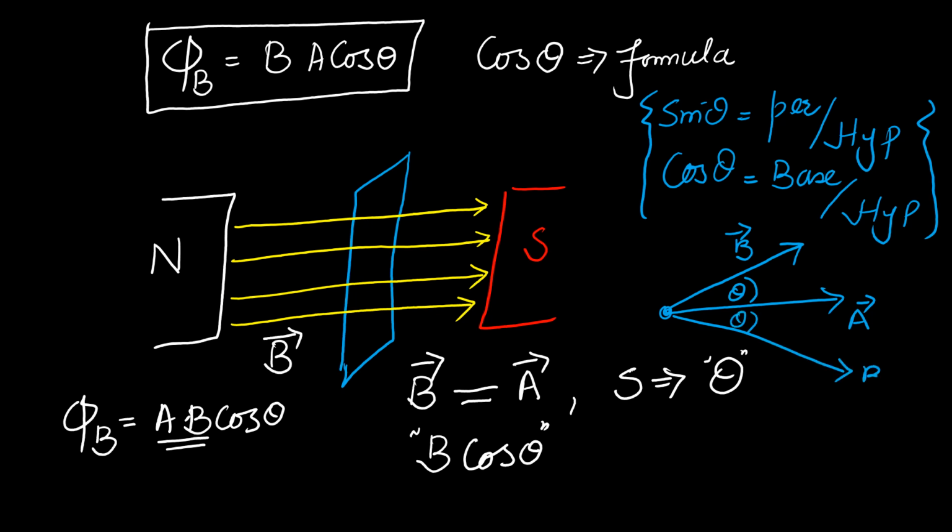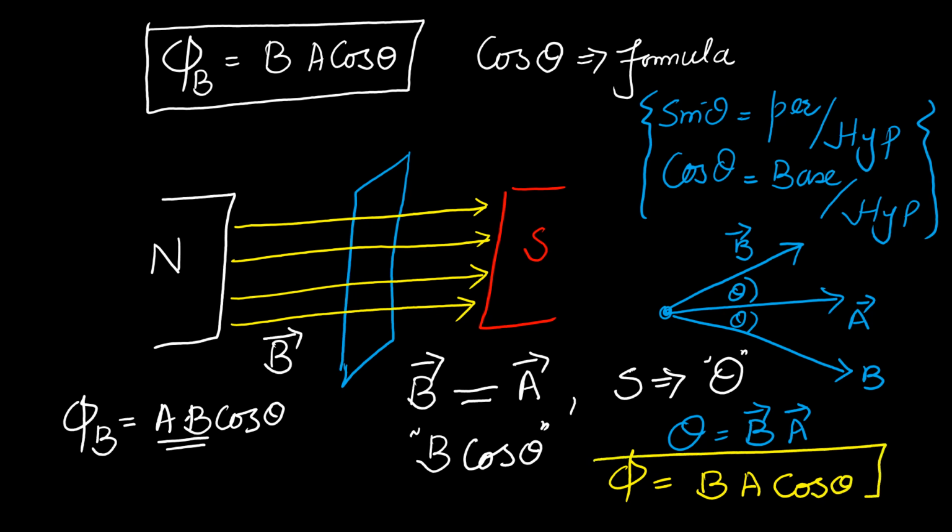So theta will be the angle between the magnetic field line and the area vector. So the magnetic flux phi B will depend on the magnetic field lines, the area, and the angle between the magnetic field lines and the area. So magnetic flux phi B will be BA into cos of theta.